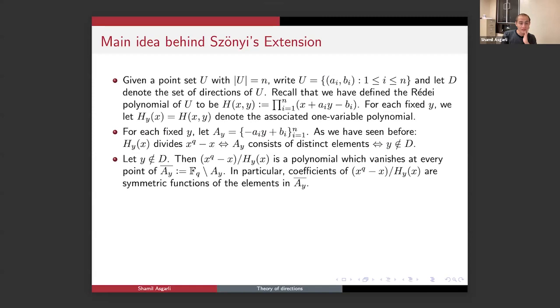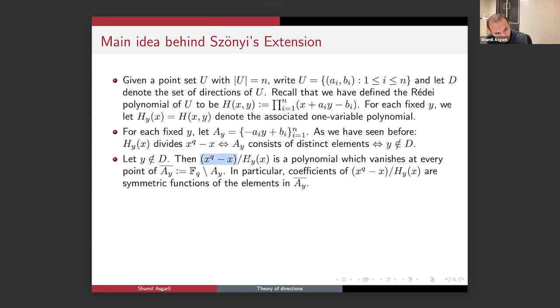And so the idea is that if you look at the quotient x^q minus x divided by H_y(x), then this is a polynomial which vanishes at every point of the complementary set. And that's because H_y(x) divides x^q minus x.